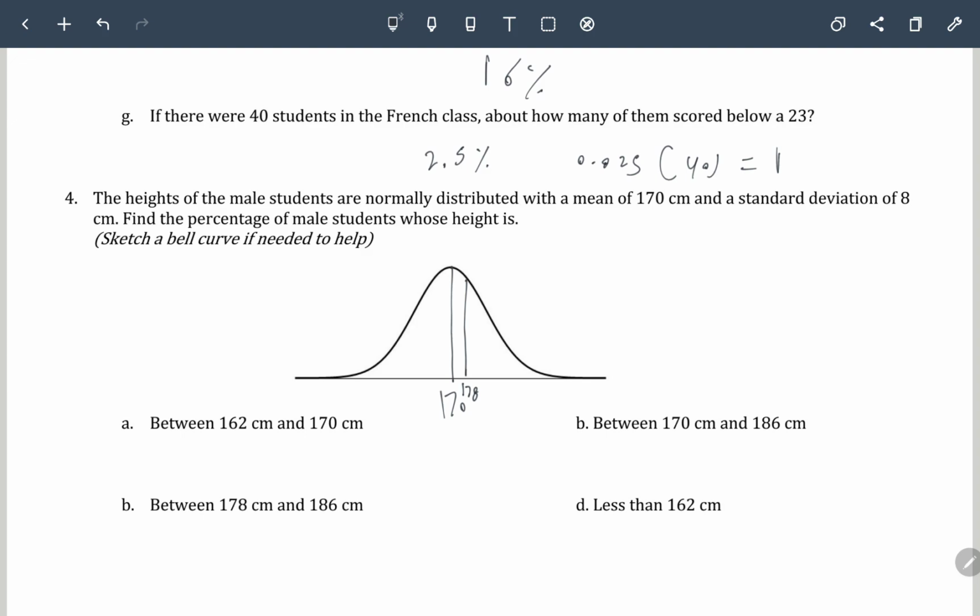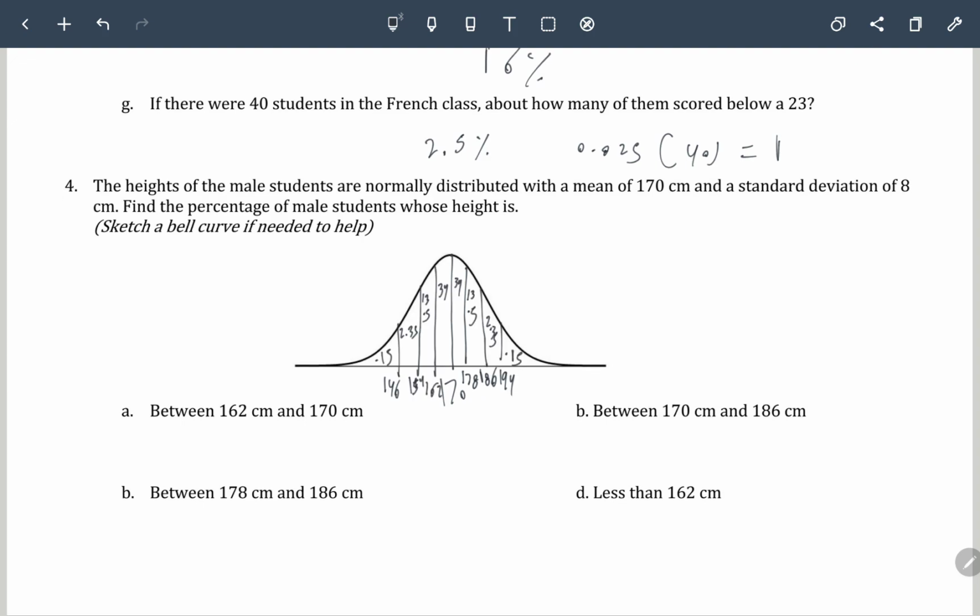I will be right back. All right, after fully drawing this, I'm going to look at 162. We locate 162 here, 170 is here, right? And what's between them? So between 162 and 170, that's just 34.